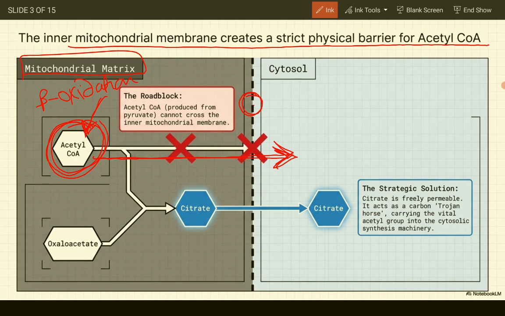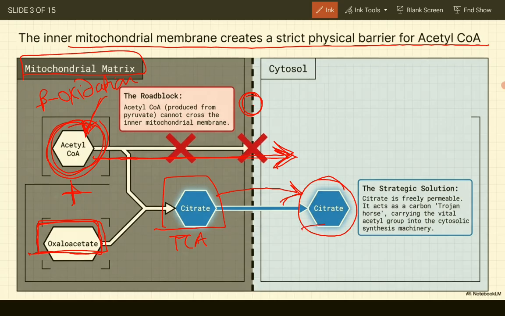So what happens is that one acetyl CoA molecule combines with oxaloacetate and forms citrate. This is a TCA cycle molecule, and this citrate is permeable through the inner mitochondrial membrane and comes out into the cytosol. Citrate is freely permeable. It acts as a carbon Trojan horse, carrying the vital acetyl group into the cytosolic synthesis machinery.